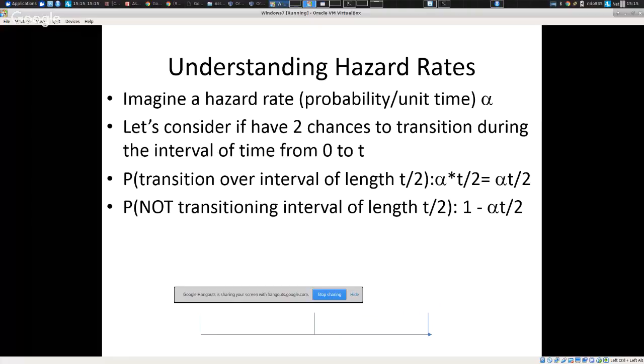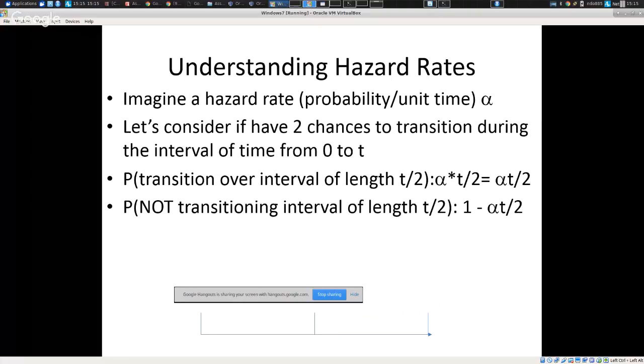So the probability of transitioning over the interval of length t over 2 is, well, it's a hazard rate. To get a probability, we multiply the hazard rate times what? Times the interval, yeah, the length of time.